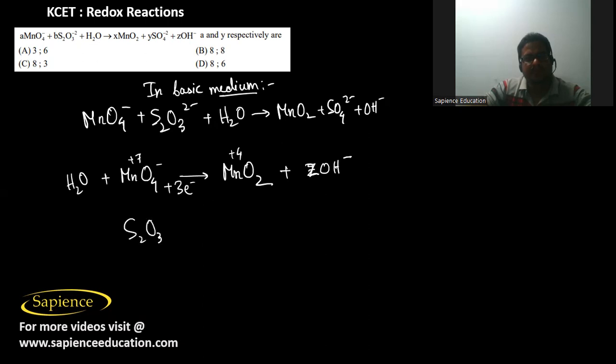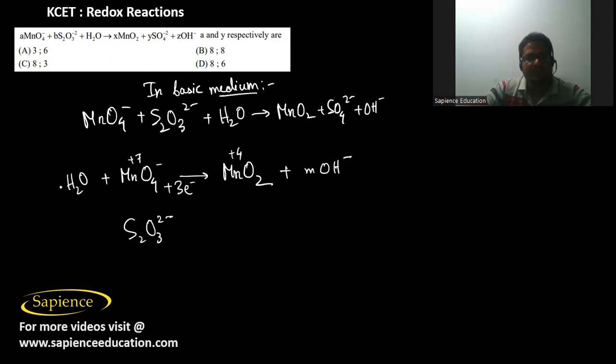And then in S2O3 2 minus also. So let's say we have to add m number of OH minus ions.